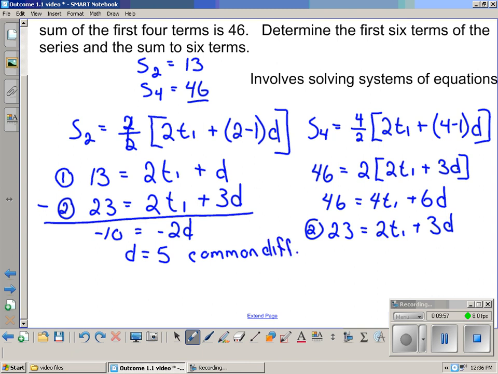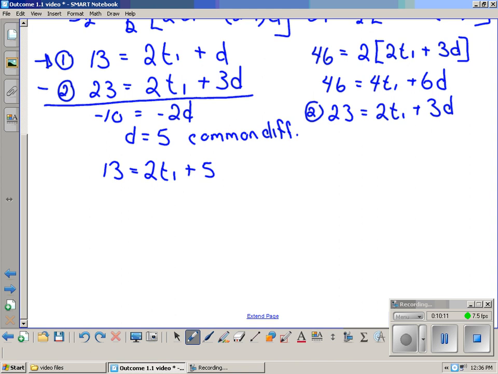I also need to find my first term, and I can find that by substituting back into equation number 1. So I have 13 equals 2 times t1 plus d, and d we have found to be 5. Subtract 5 from both sides, and I have 8 equals 2 times t1, so therefore t1 is equal to 4.